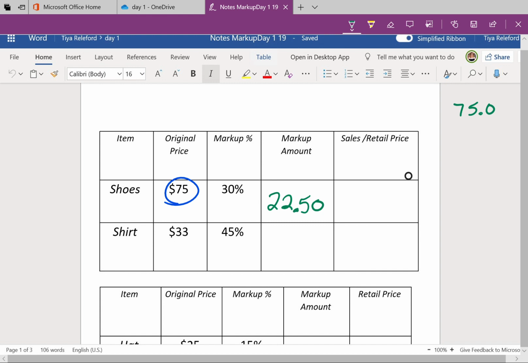If we are marking up, how much money is that? I agree, $97.50. If you add these together and your total comes up less than $75, you did something wrong, probably lining up your decimal.